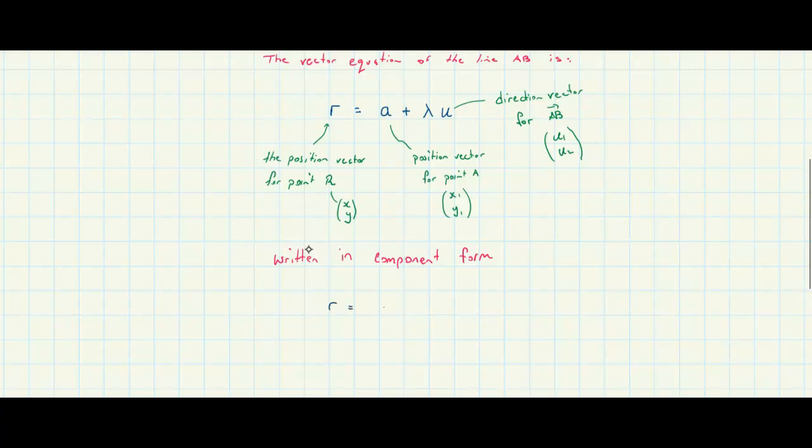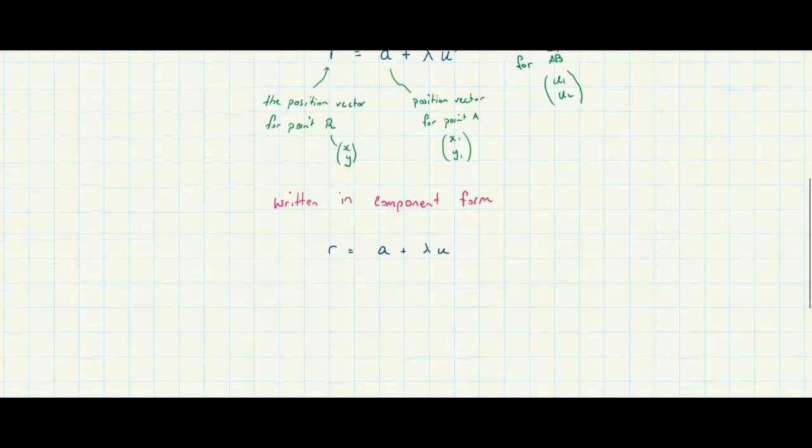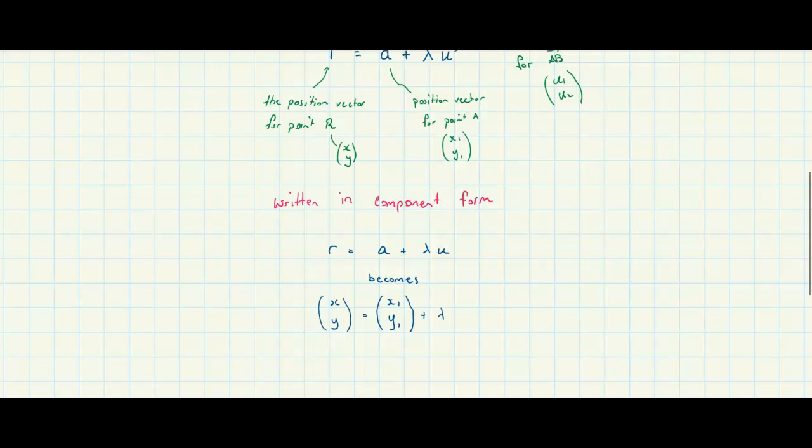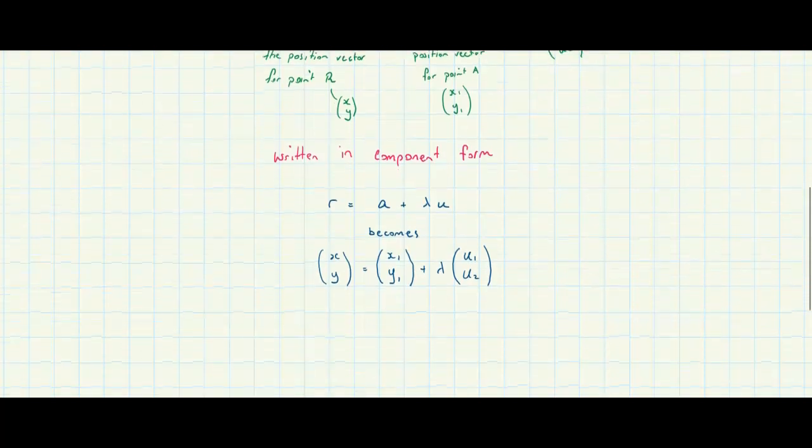So R equals A plus lambda U becomes R becomes xy, A becomes the vector x1, y1, the position vector. Lambda by U is lambda U1, U2. So we're rewriting it now into component form, and that's going to allow us to pull it down into parametric equations.